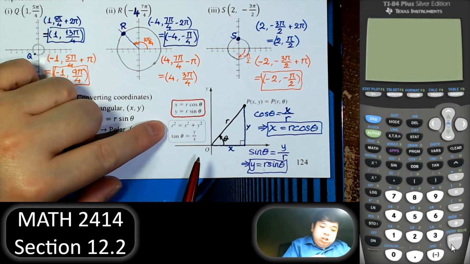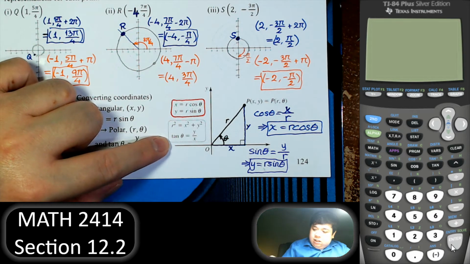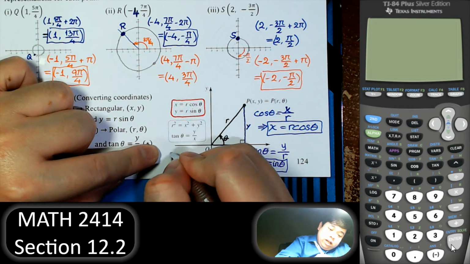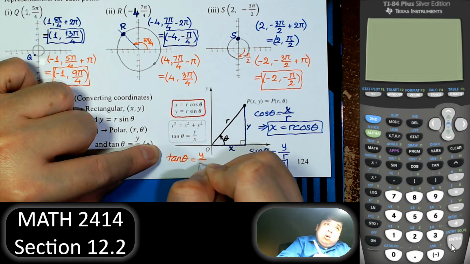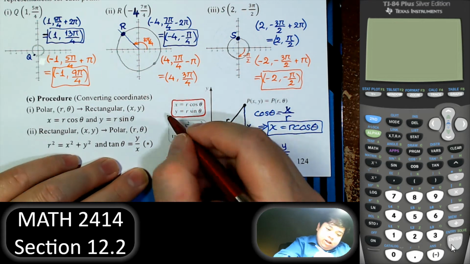And then the Pythagorean theorem, we have r squared equals x squared plus y squared. And then finally, tangent of theta is opposite over adjacent. So we have that.